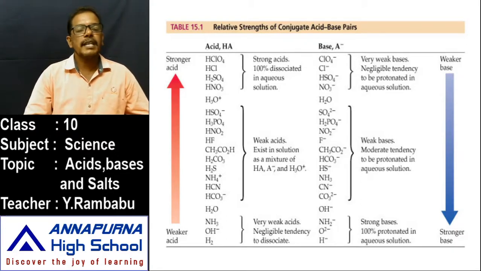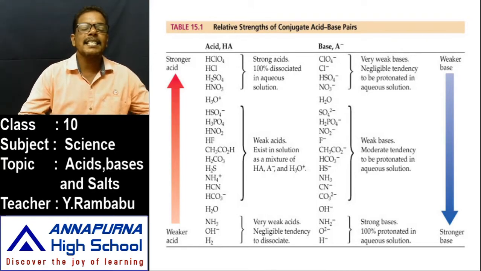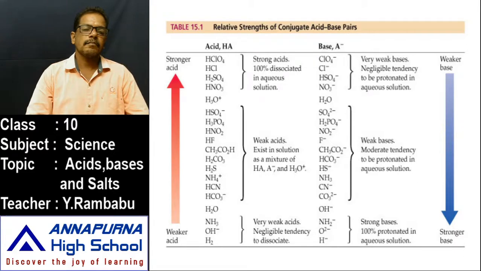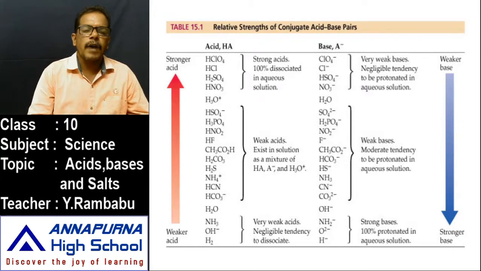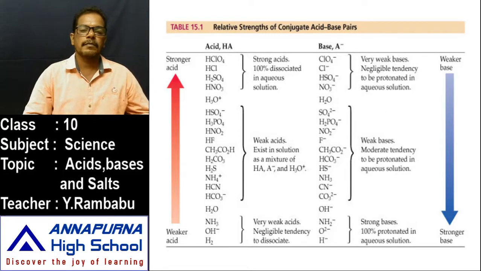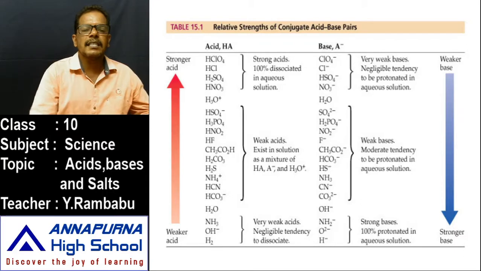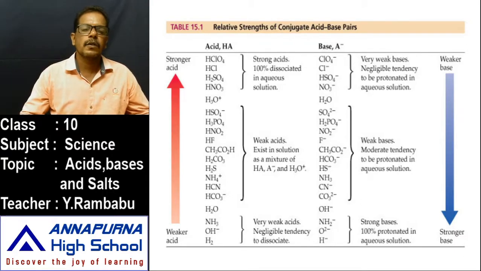Molecules are also present even after ionization, which means the extent of ionization is less than 100%. If 100 molecules are present, not all 100 are ionized; fewer than 100 are ionized. Between the ionized and unionized molecules, equilibrium is attained. That's why these are weak acids.